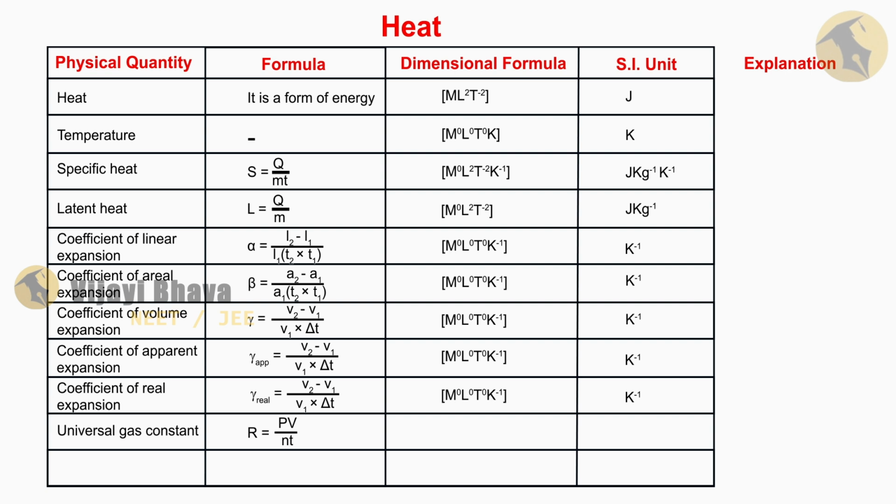When you substitute the dimensional formula of pressure, volume, number of moles and temperature here, we get the dimensional formula of universal gas constant as M1 L2 T minus 2 K minus 1 mole power minus 1. Next, Boltzmann constant. Boltzmann constant k is equal to R by N and its dimensional formula is M L2 T minus 2 K minus 1.